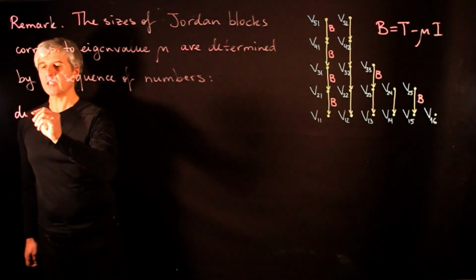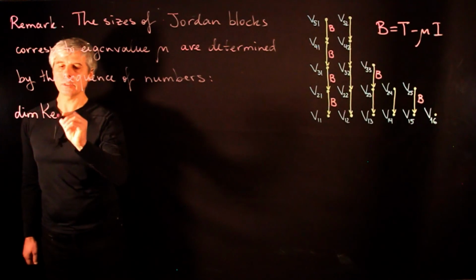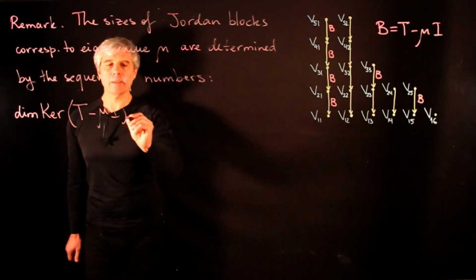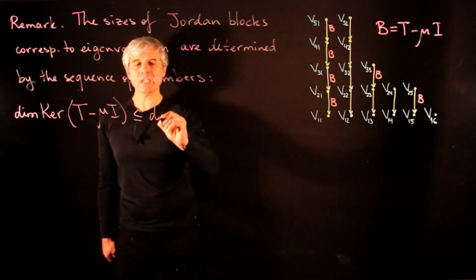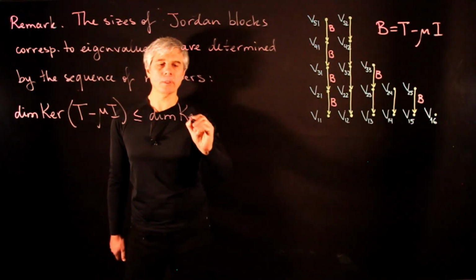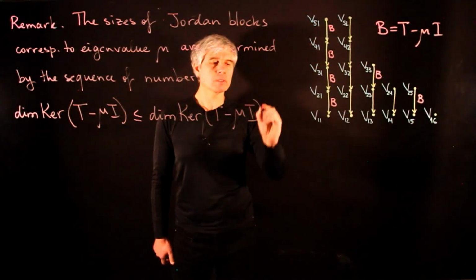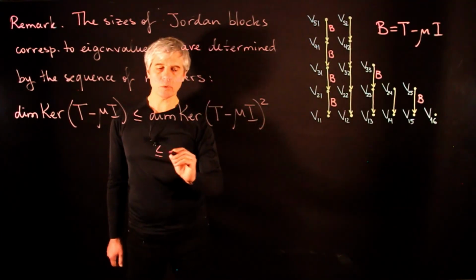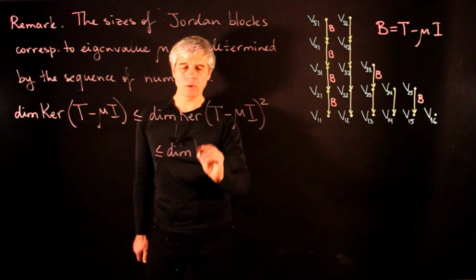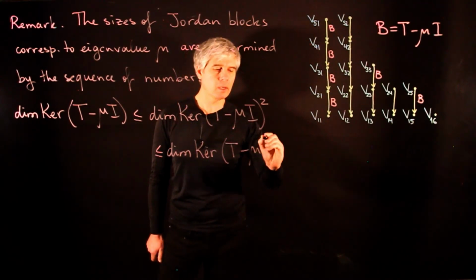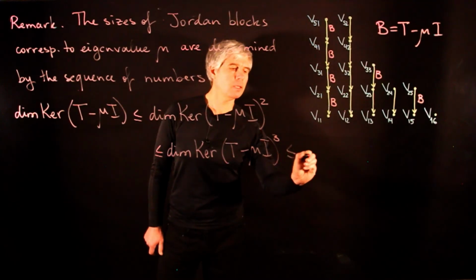We have the dimension of the kernel of T minus mu I, which is less or equal to the dimension of the kernel of T minus mu I squared, which is less or equal to the dimension of the kernel of T minus mu I cubed, and so on.